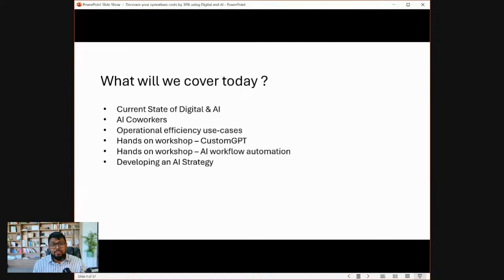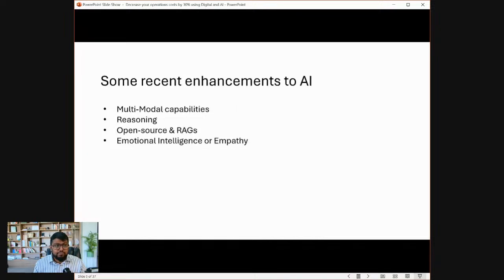Then we will look at some real case studies of achieving operational efficiency with the use of AI. Then we'll do a hands-on workshop. We'll look at developing custom GPTs and some AI workflow automation, and I'll show you live how some of those things can be done. And then finally, how do we go about developing an AI strategy? There's a lot that's going to be covered. If you have any questions, thoughts, or comments, feel free to put them in the comment section.